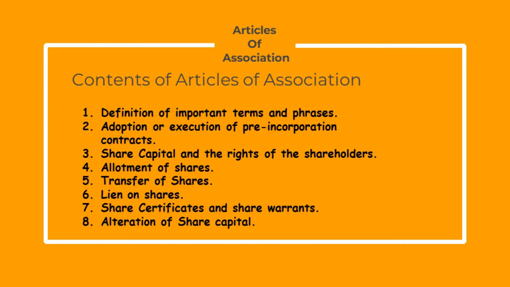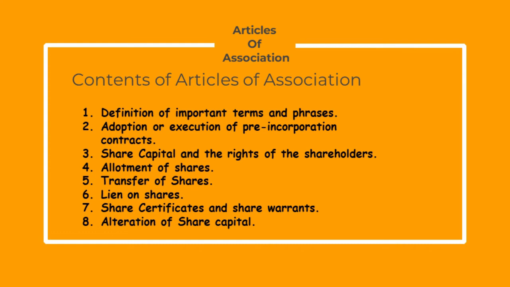If you remember my previous class, I have told how to convert a public company into a private company and a private company into a public company. So a private company contains some restrictive clauses. Restrictive means a restriction is placed on the private company. If you place restrictions in the articles of association, it is a private company.